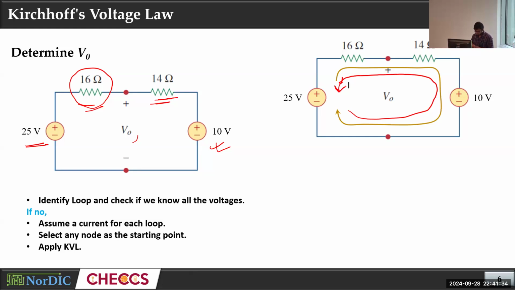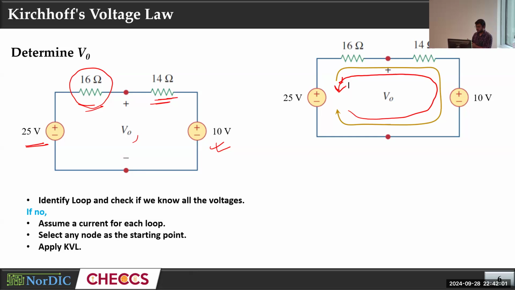So what will be the difference if you assume clockwise or counterclockwise? Only the polarity of that current will be different. For example, if we have positive current in the clockwise direction, and someone else assumes the current flows counterclockwise, the value will remain the same, only the sign will be different.